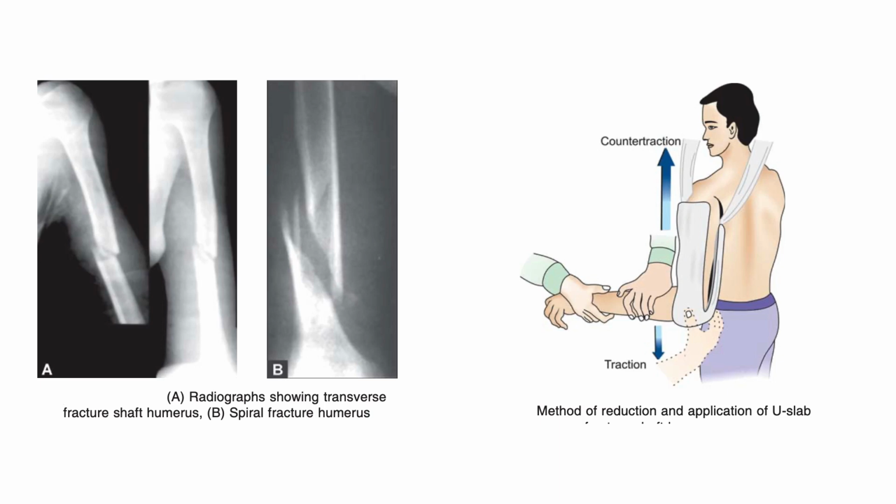We have discussed that it shows all the features of a fracture, and careful neurological and vascular examination is important. Radial nerve injury is common, as I mentioned, in the spiral groove or lower one third of the humerus.